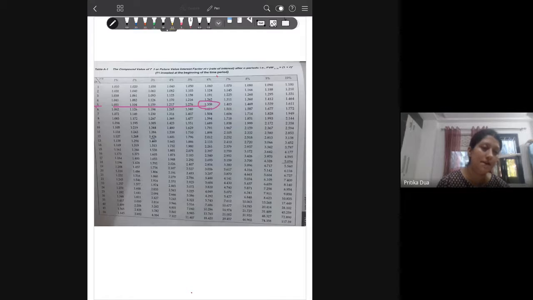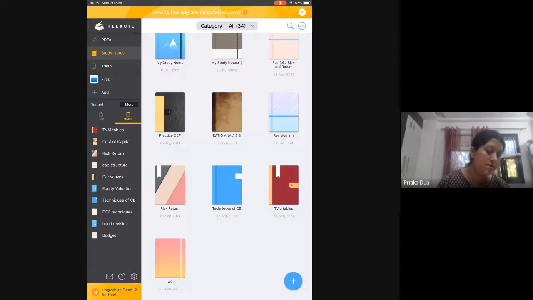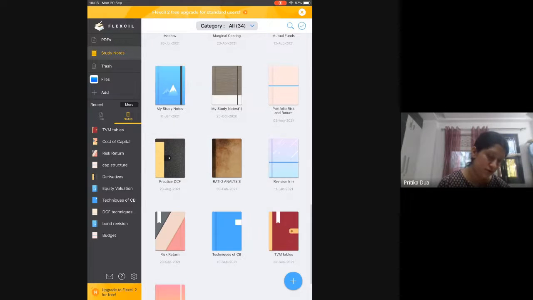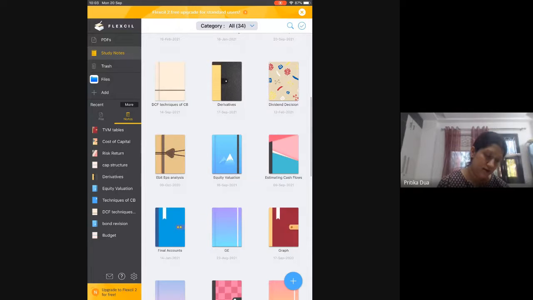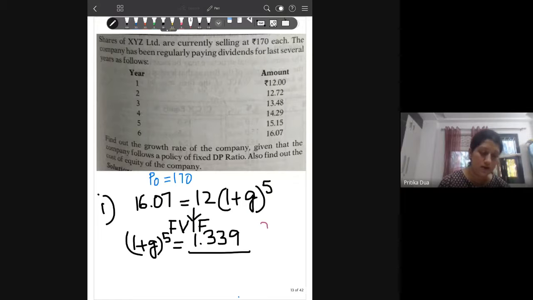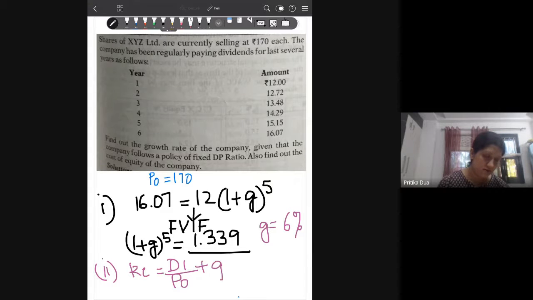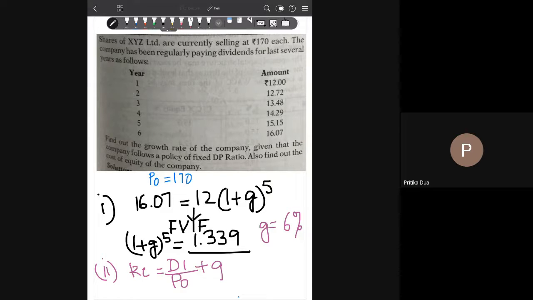You locate the missing value from the future value interest factor table because you have a single cash flow. Our growth rate is coming to 6%. The next thing required in the question is to calculate the cost of equity. So please calculate, see what is the answer coming to.